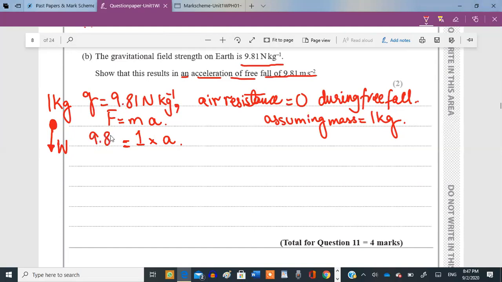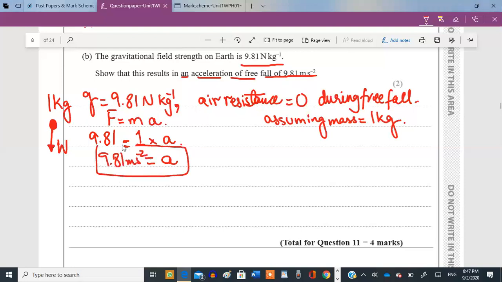Its value is 9.81, because from W equals mg, the weight of an object is mass multiplied by the gravitational field strength, which is 9.81 itself. So the weight is 9.81 Newton for 1 kg mass. Then the acceleration also turns out to be 9.81 meters per second squared.